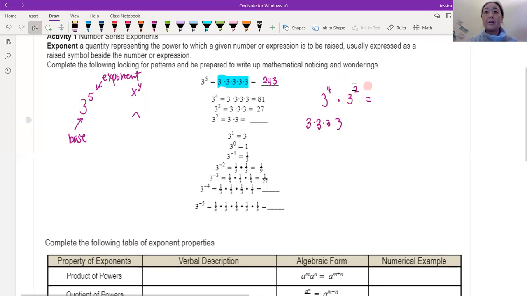That's 3 squared, which means 3 times 3. Now how many 3s are we actually multiplying? There's 4 here plus 2 more, so that's actually 3 to the 6th power, right?